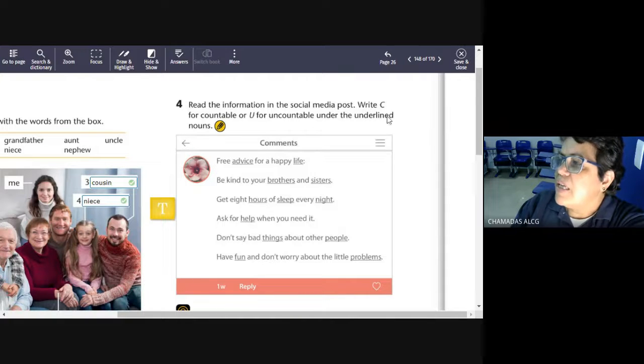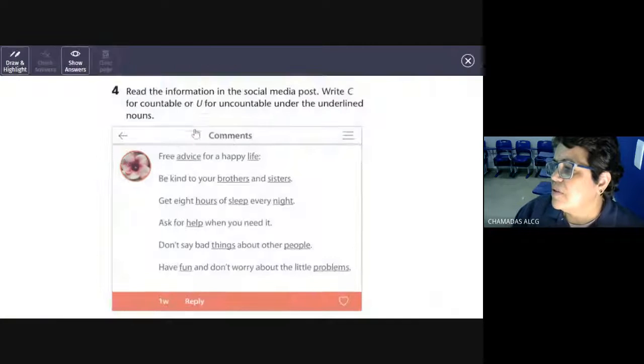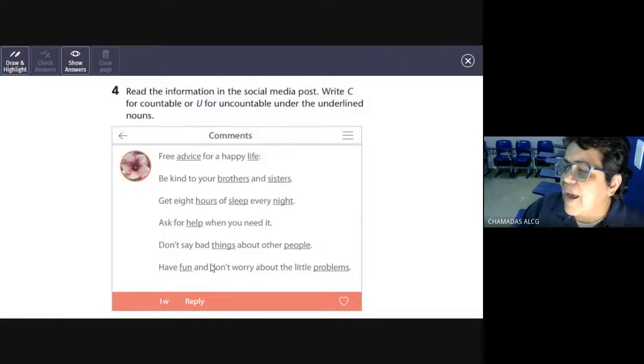Write C for countable or U for uncountable under the underlined nouns. So here we have a small text, and there are some nouns that are underlined, and we have to choose countable or uncountable.